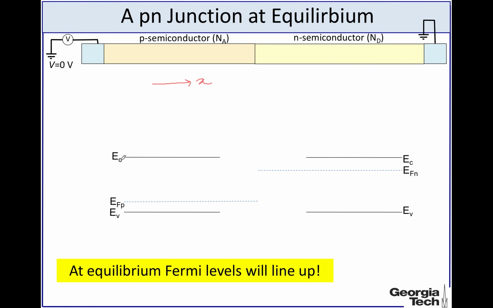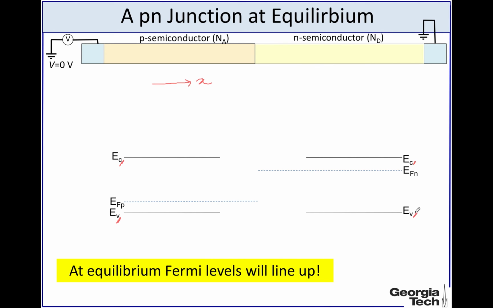All right. So here you have the conduction band edge and the valence band edge for the p side on the left, and the same for the n side on the right.